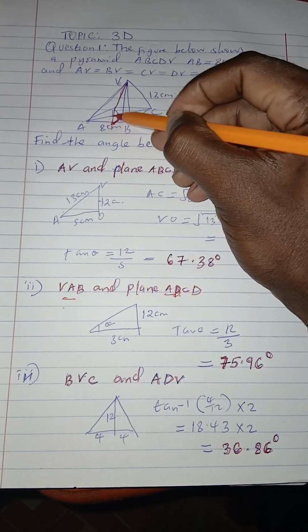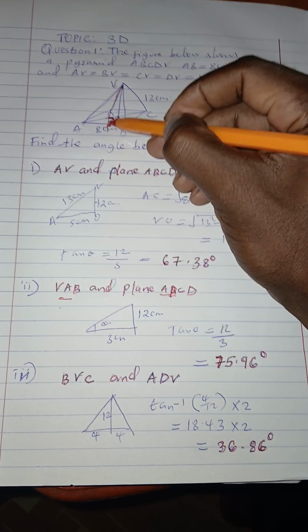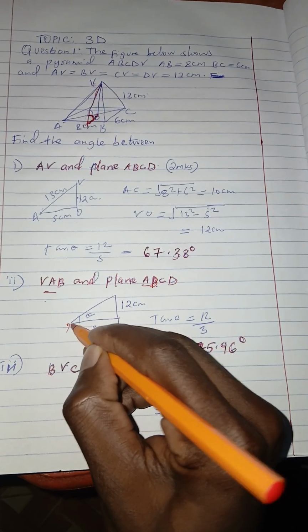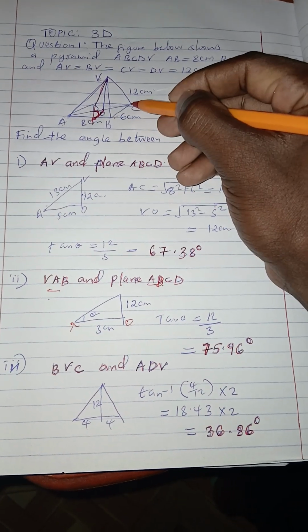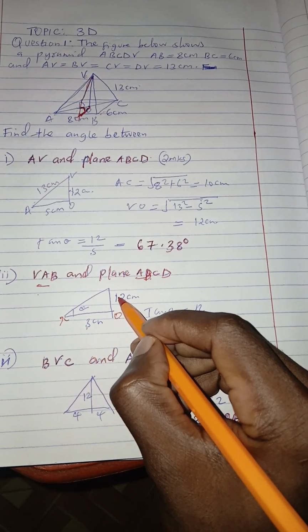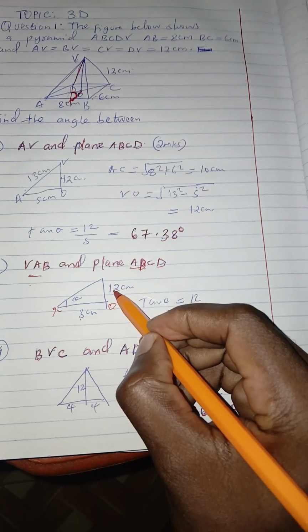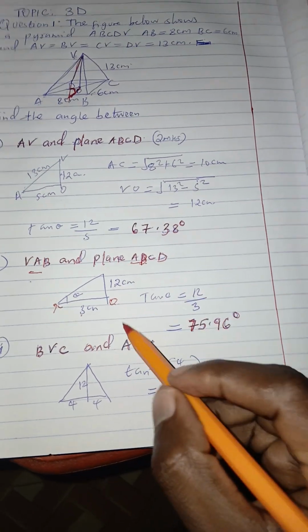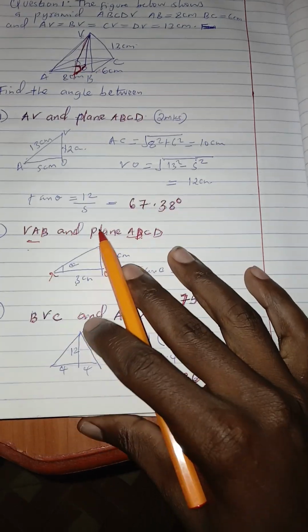As you can see, from this point, I can even call it X. So point X to O is half of the 6 centimeters. That's why I've written here 3 centimeters. And remember the height of the pyramid was 12.